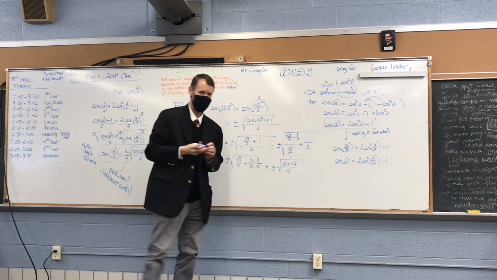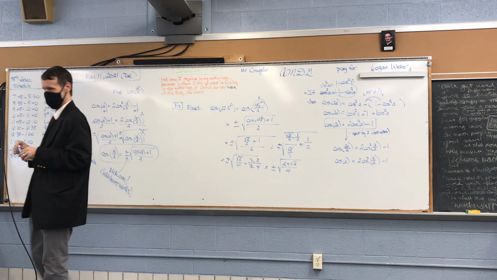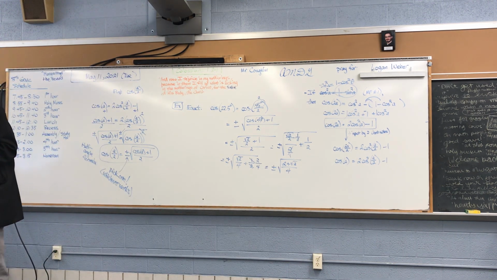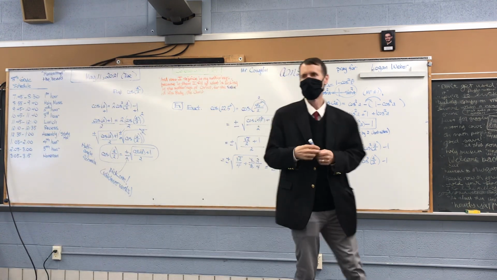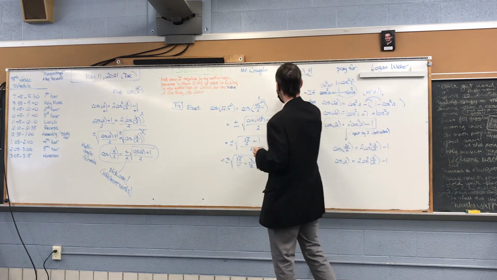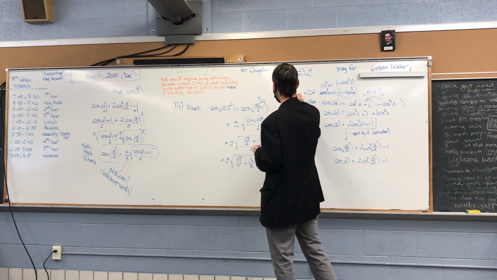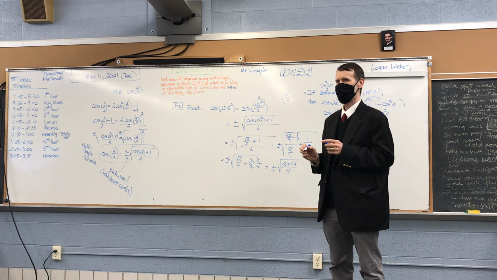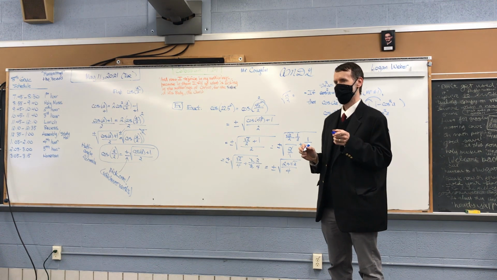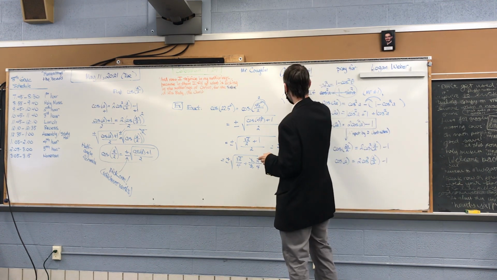I want to see if anybody can spot this. How do you square root a fraction? How do you square root 4 over 9? Yep. Do them separately. In this case, it'd be 2 over 3.